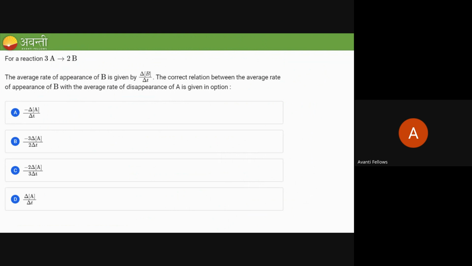So first let me write the rate of the reaction. It is -1/3 ΔA/Δt, which is equal to +1/2 ΔB/Δt, right?